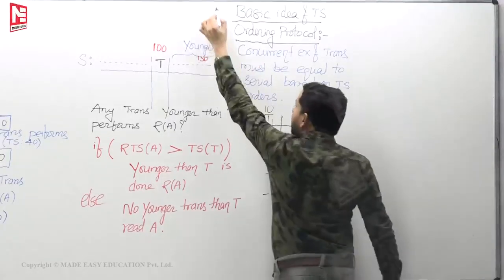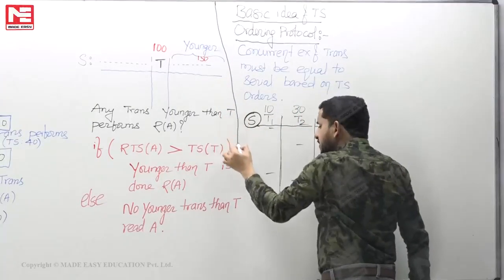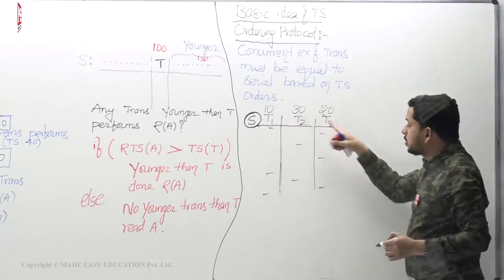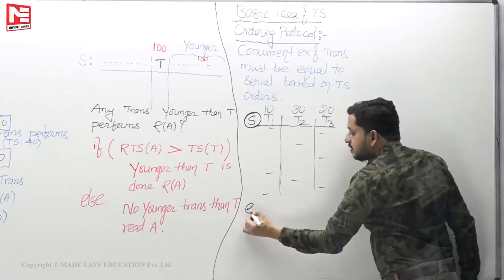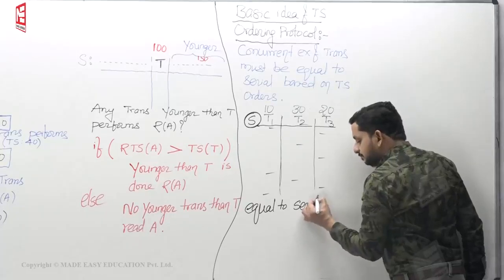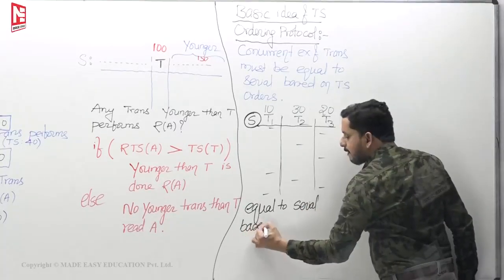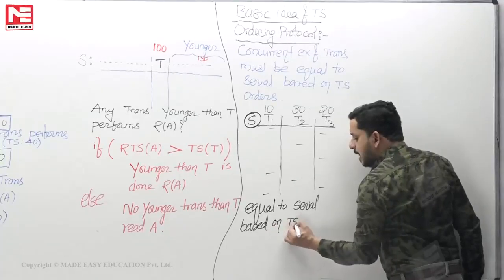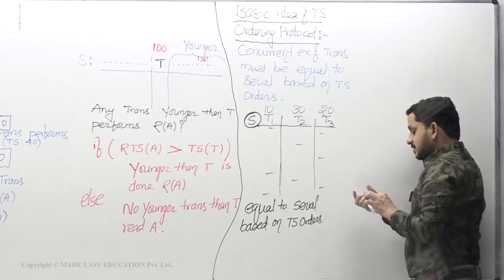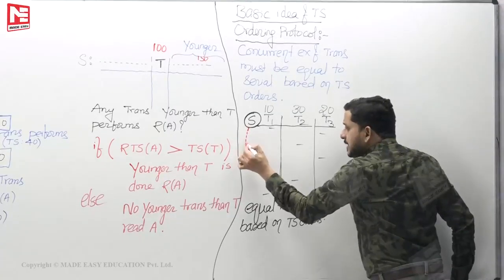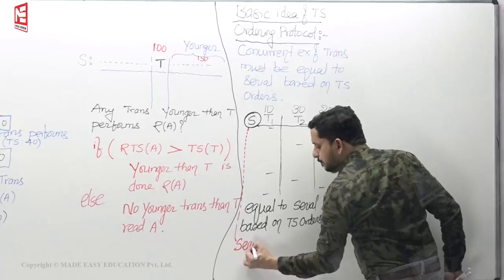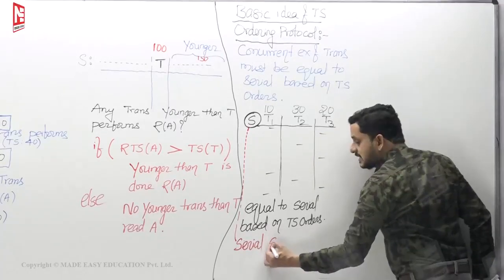But this concurrent execution of two or more transactions must be equal to serial based on timestamp orders. It means the schedule S must be equal to a serial, and what is that serial order?